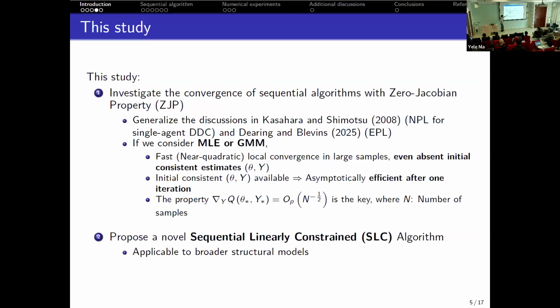So by relying on this property, it's not very difficult to derive these results. And in addition to this theoretical analysis, I also propose a novel sequential algorithm, which I call sequential linearly constrained algorithm, SLC. And this algorithm is applicable to broader structural models.